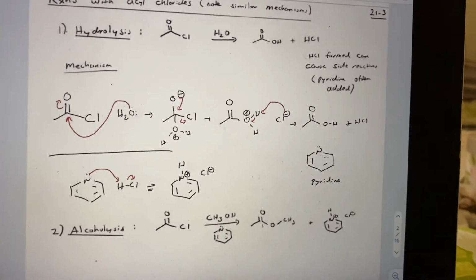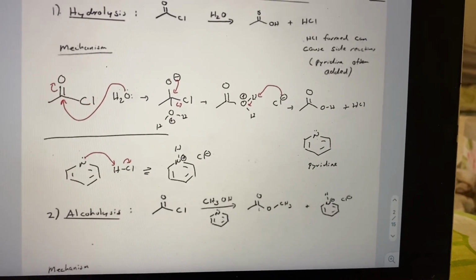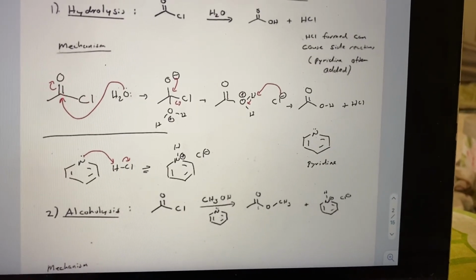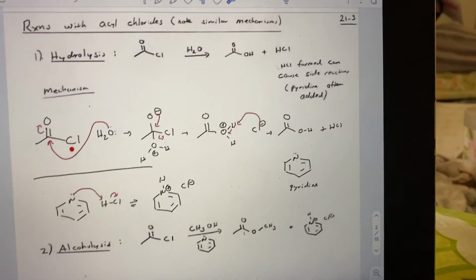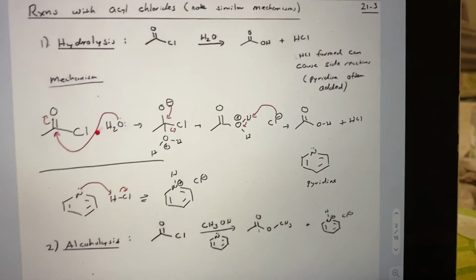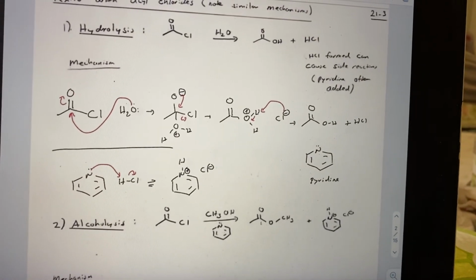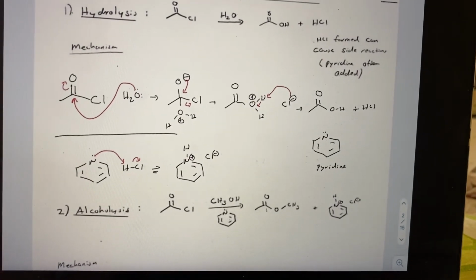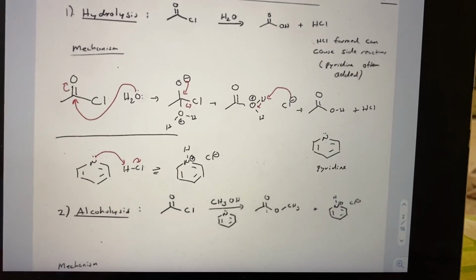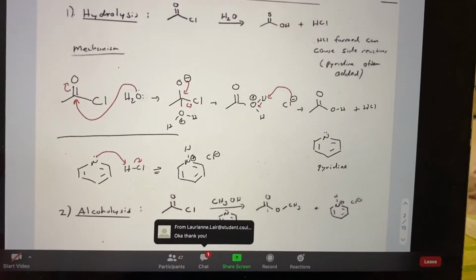But because this chlorine is pulling electron density away, it makes this carbon very electrophilic. So the oxygen and the chlorine both pull electron density away, so that even a weak nucleophile like water can attack, and we don't have to actually protonate this group. We're going to see later on with other carboxylic acid derivatives that we actually do have to protonate that group. Okay, excellent.